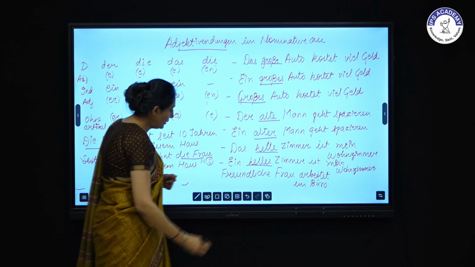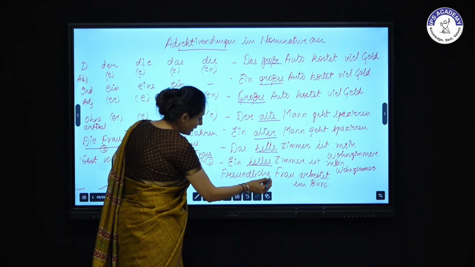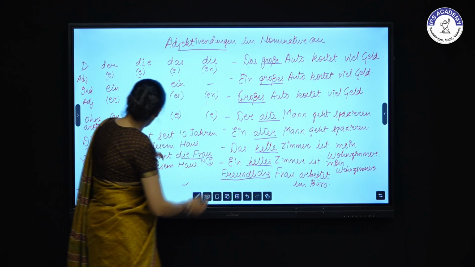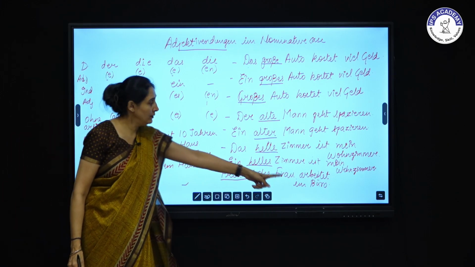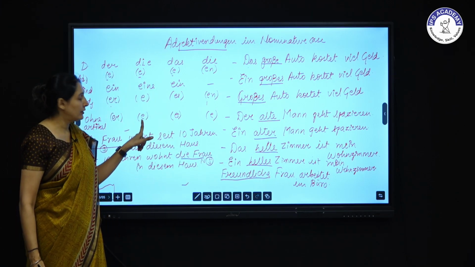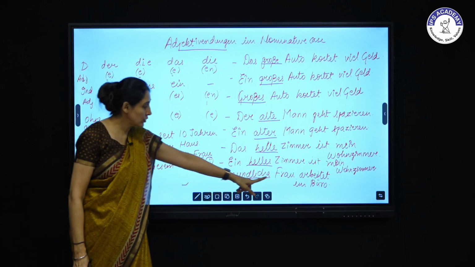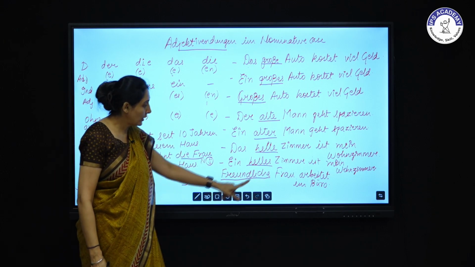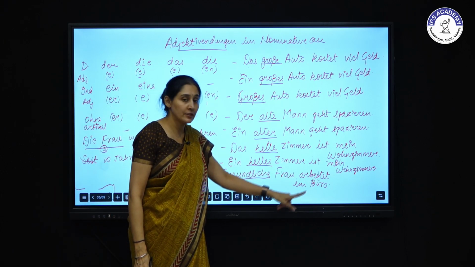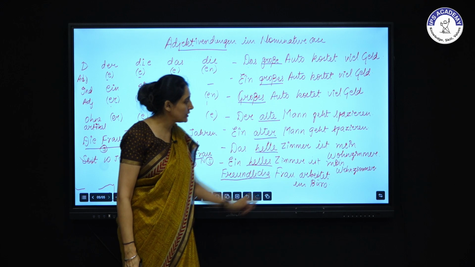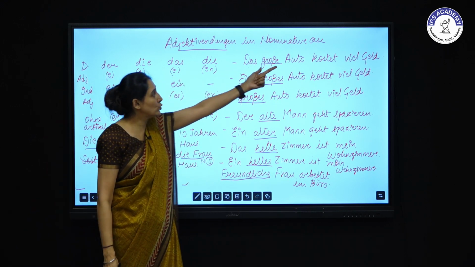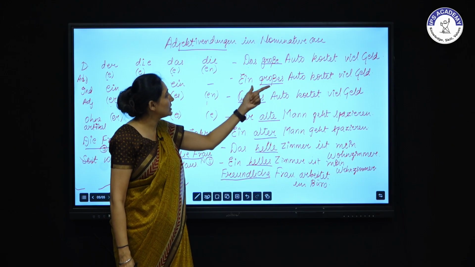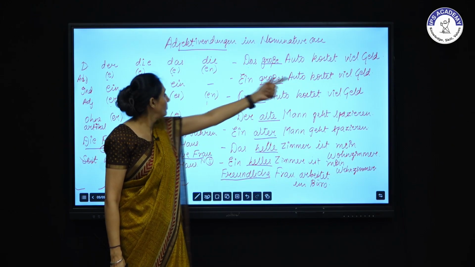So what did I do here? When it comes to freundliche, we have what? We have feminine, Frau, feminine. So we have taken an -e with it, that is freundliche. Freundliche Frau arbeitet im Büro, works in the office. The same way we have seen das große Auto becomes ein großes Auto. Why?